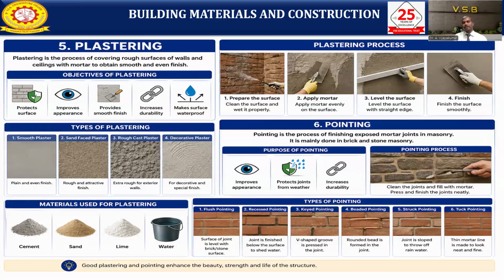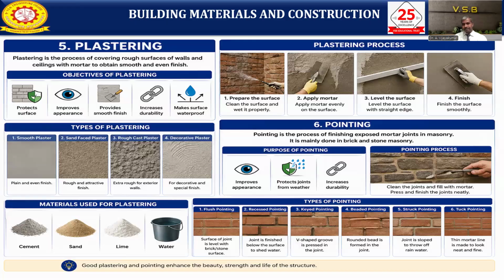And the fourth one is decorative plaster, for decorative and special finishes. Normally, the materials used for plastering are cement, sand, lime and water. All of these are mixed and used for the plastering work.